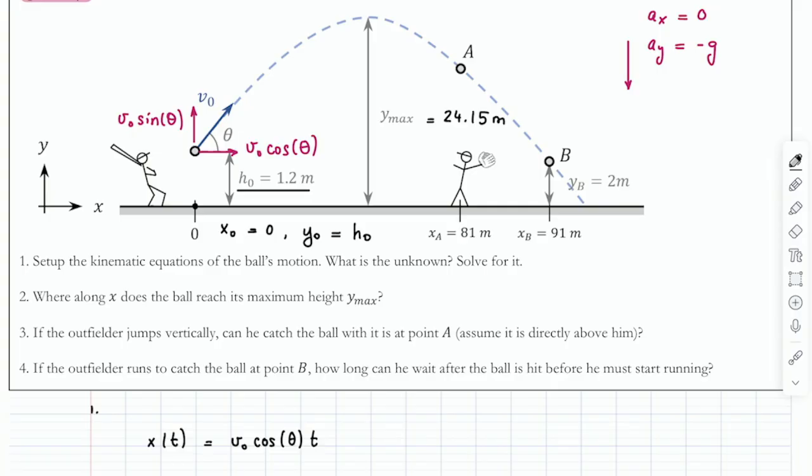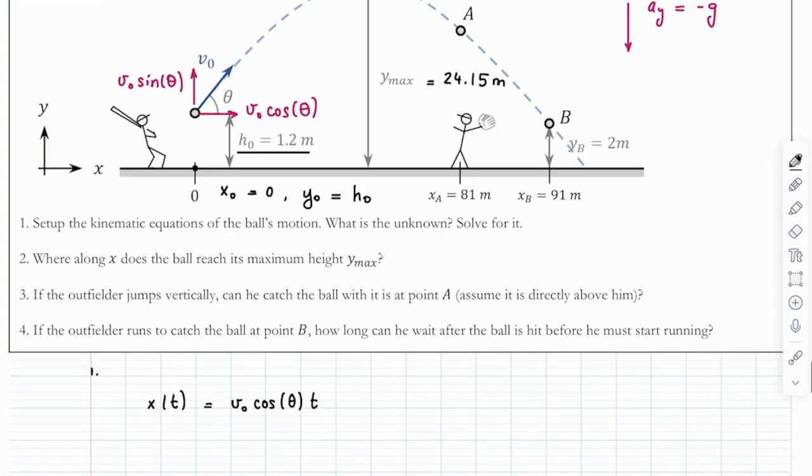And then in the y direction, y of t is equal to 1/2 a_y t squared, that's minus 1/2 g t squared, plus v naught sine theta t, that's v naught y, careful, plus the initial height h0. Those are the kinematic equations for position.